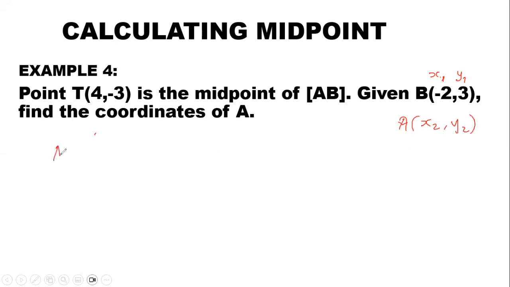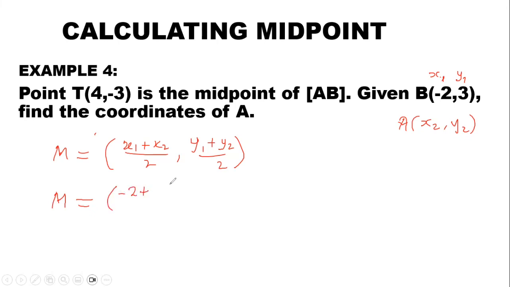So when we substitute this into the midpoint formula, which is given by (x1 plus x2) all over 2, comma, (y1 plus y2) all over 2, then we'll obtain M to be equal to (-2 plus x2) all over 2, comma, (3 plus y2) all over 2, since x1 is -2, we don't know x2, y1 is 3, and we don't know y2.